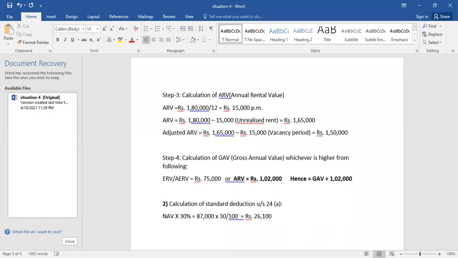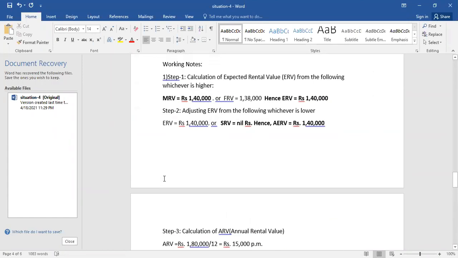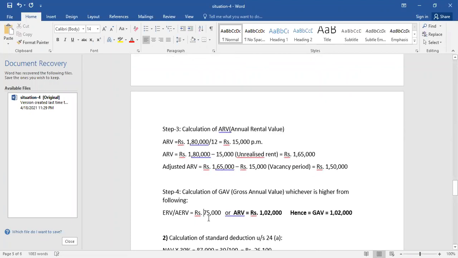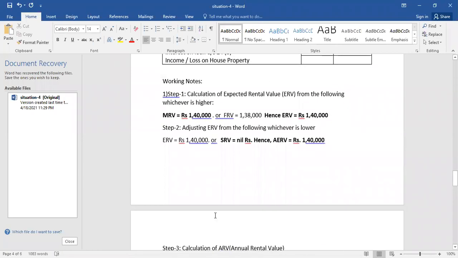AERV is rupees 1,40,000, correct? Guys, are you with me? Yes, sir. So in the second step, we calculated AERV. ERV and AERV are both the same when there is no standard rent, correct?